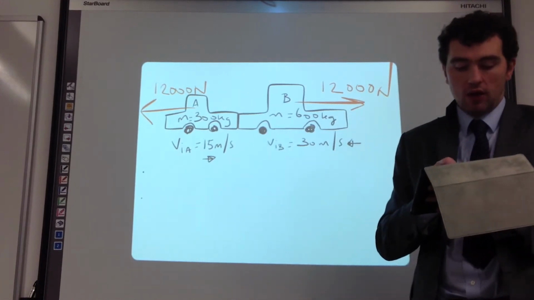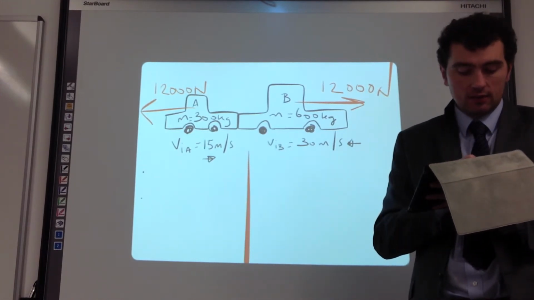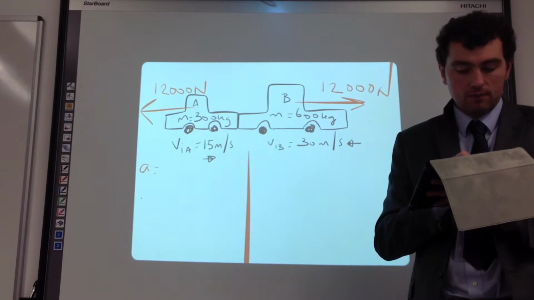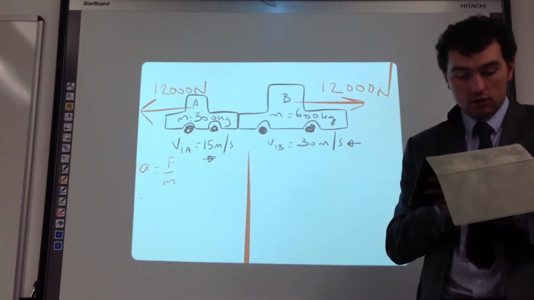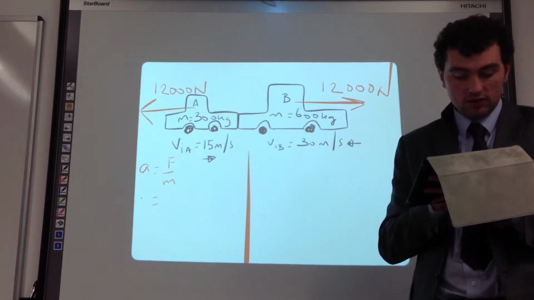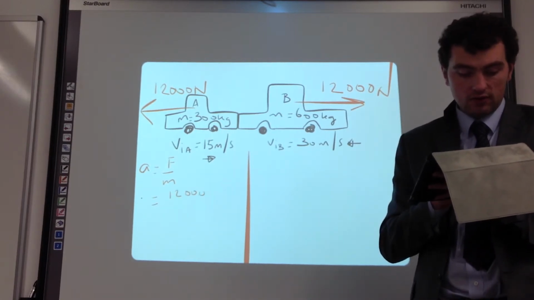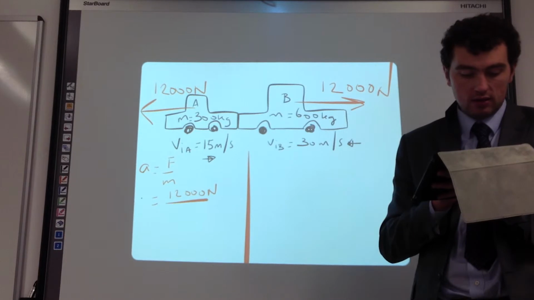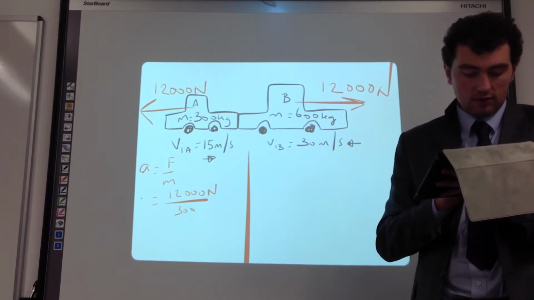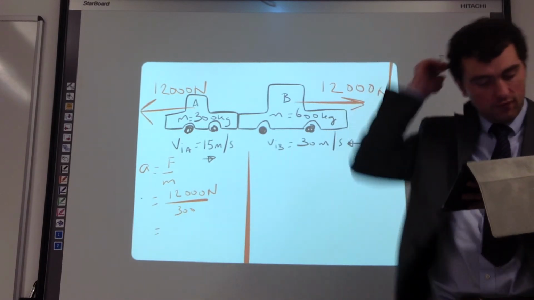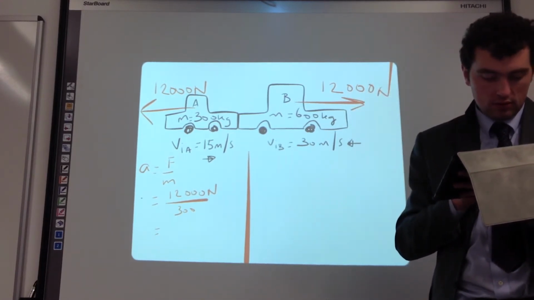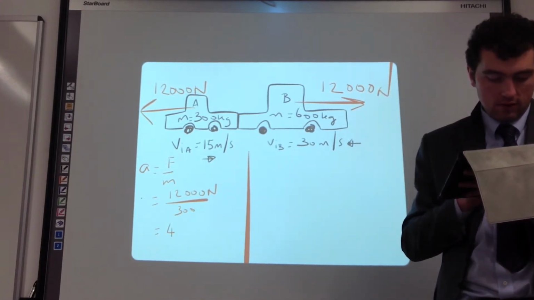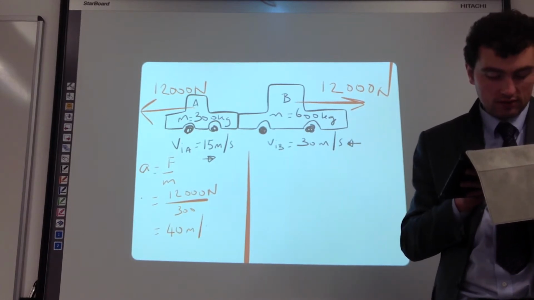So let's see what happens to the accelerations here. The acceleration of car A is just going to be equal to F over m, which is the resultant force, 12,000 newtons, divided by the mass of 300 kilograms, and that's going to give me 40 meters per second squared.